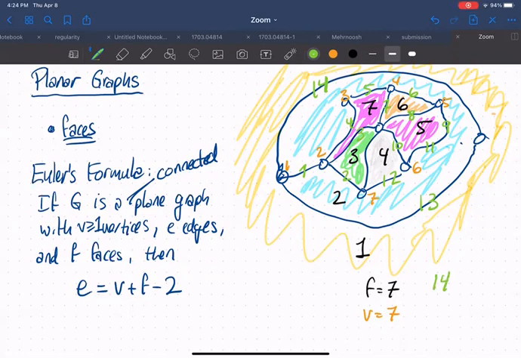So I miscounted something. And what did I not count? Faces, 1, 2, 7, vertices. 6.